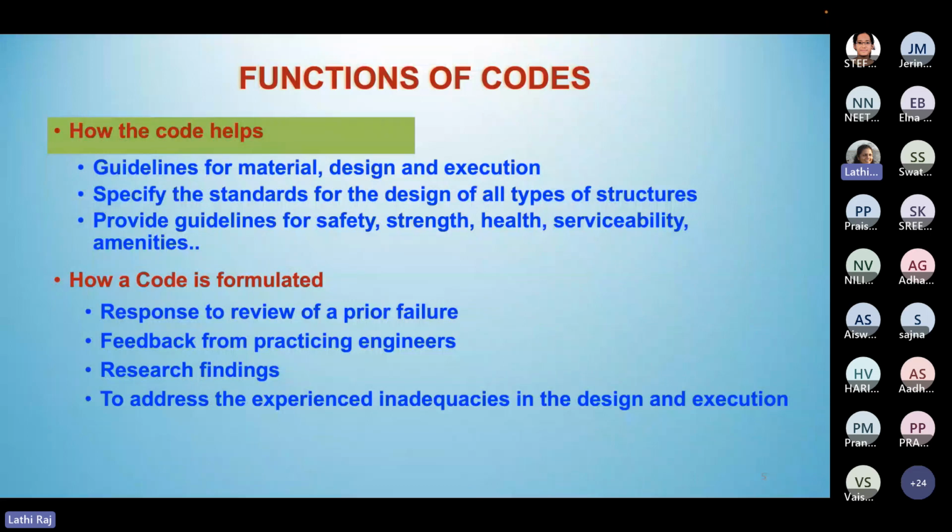So research findings are there. Then there is the need to address the inadequacies experienced in design and execution. When you are executing a job, you will find that, okay, I am not able to reach this part of the building because that beam is too deep, or the column beam connection is very heavy.